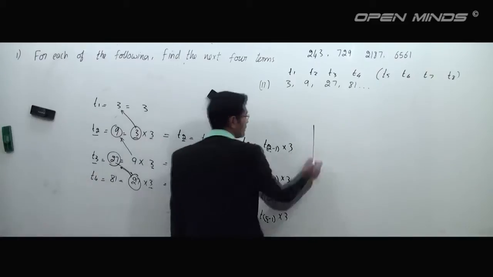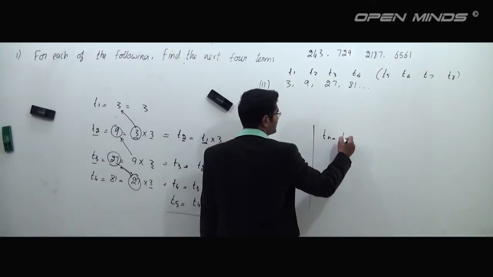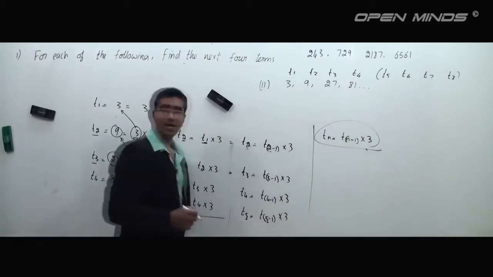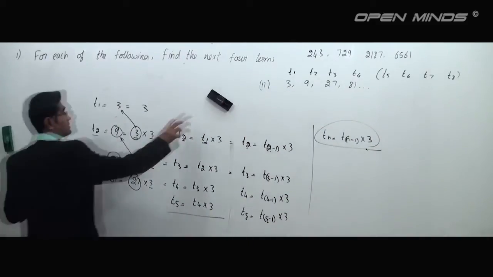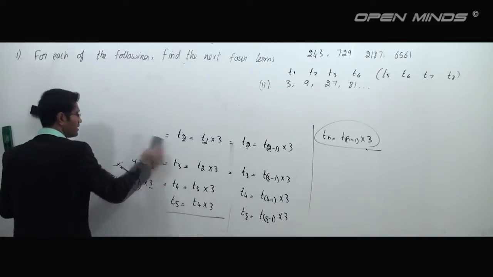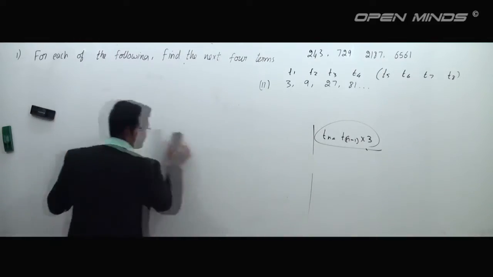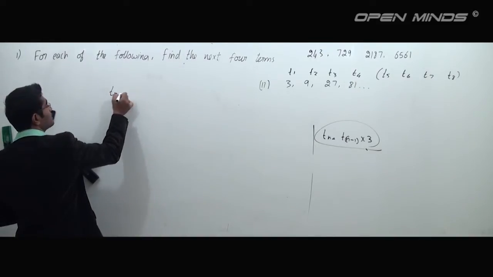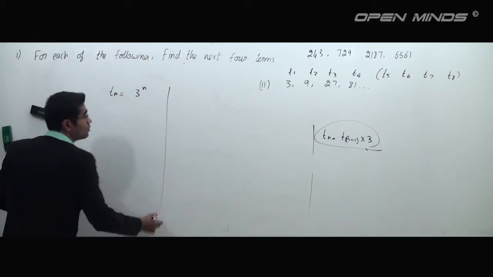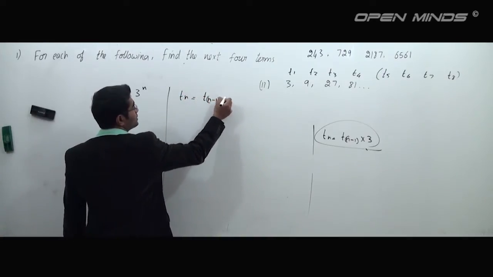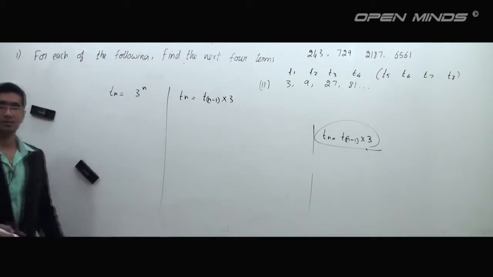So that way I can write Tn is T(n minus 1) into 3. That is it, isn't it? So according to that, can we still find the answers using this formula? For the nth term, we can actually get two formulas. Tn is 3 to the power n, one formula, or we can write Tn is T(n minus 1) times 3. Both the formulas will give you the same answers.